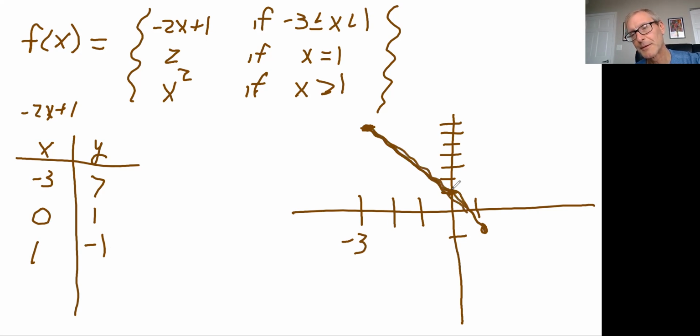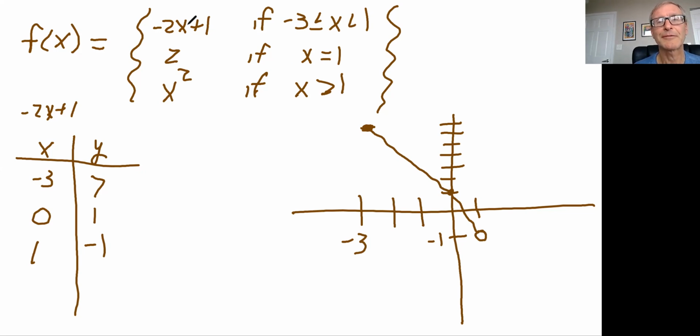What happens at the end point? Because there's no equal sign, we indicate that with a circle. So this is y equals -1, and the circle shows that it goes all the way to that point but doesn't include that end point. So this would be the graph of the first part, the upper one.